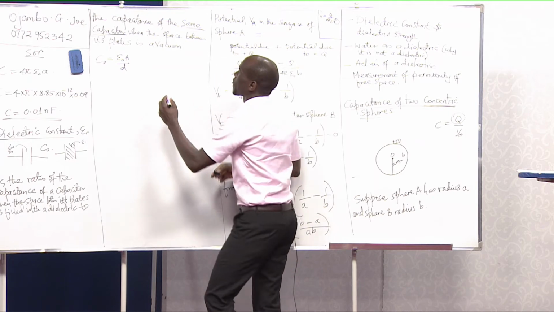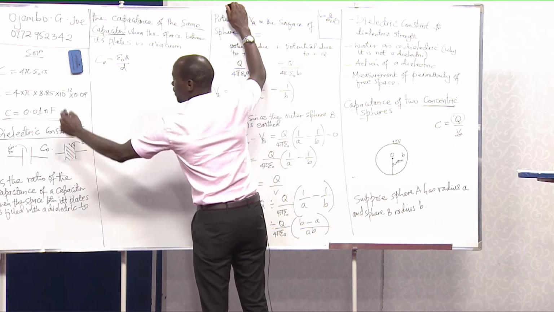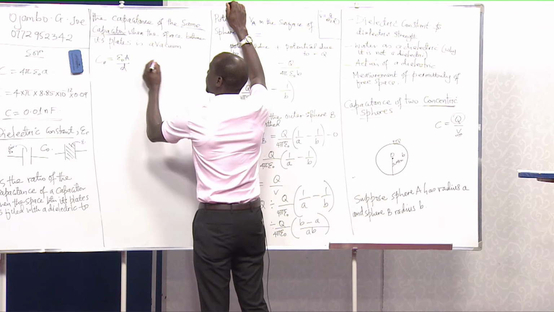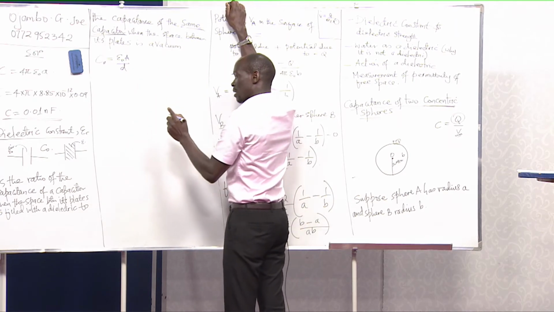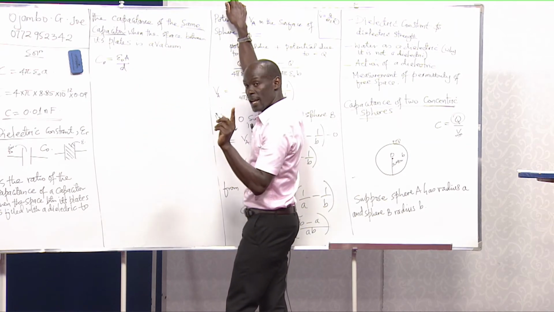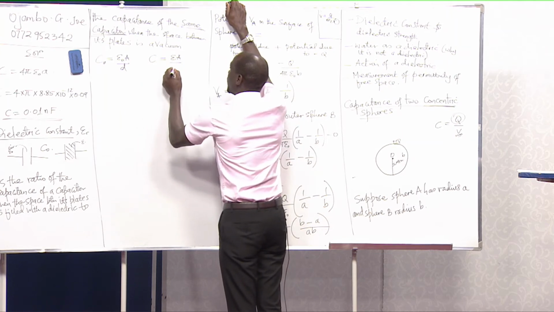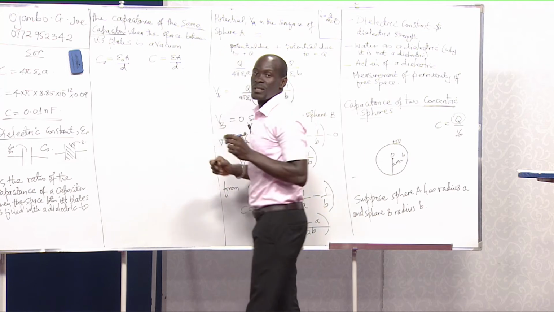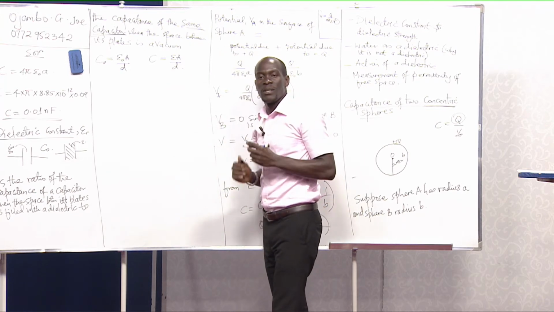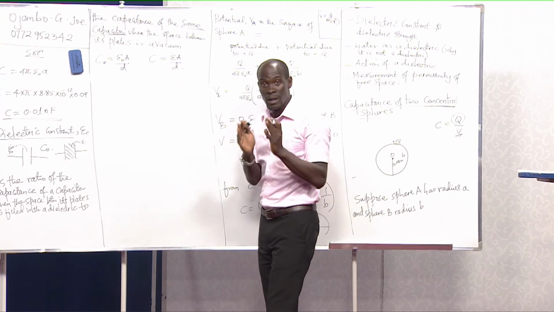Then we can also consider the same capacitor when the space between is filled with a material or a dielectric. That means the capacitance will now become epsilon A over D, where epsilon is the permittivity of the medium, or the permittivity of the dielectric.